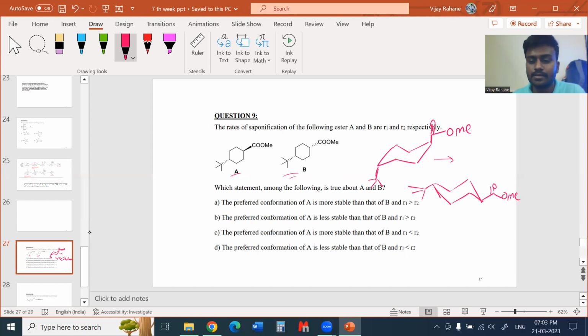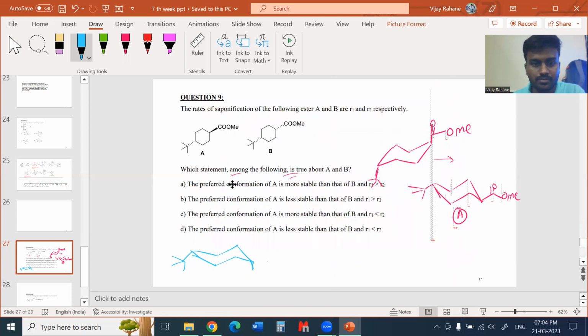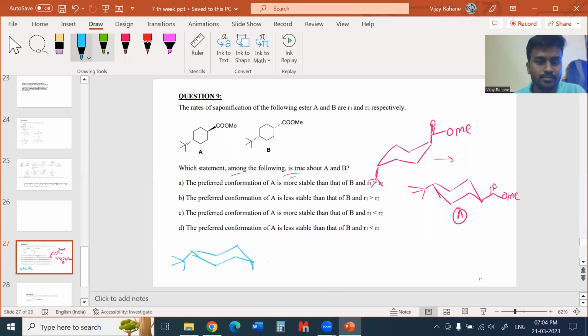So this one will be here, and the CO2Me will be equatorial. This one is A. And B, we will draw directly in this format, and here it will also be axial.